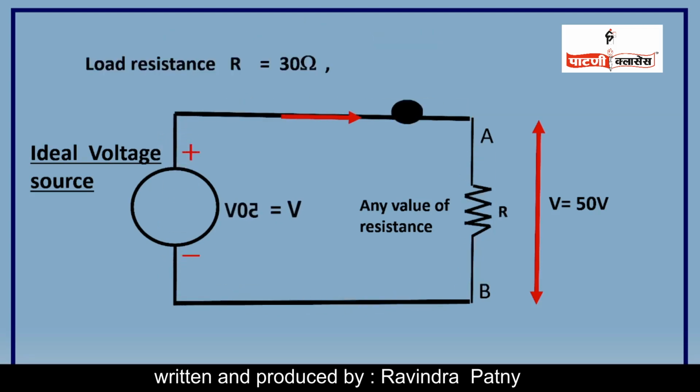Thus, for the load resistance of 30 ohms, 40 ohms and 60 ohms, the current flowing through the circuit is changing, but the terminal voltage of the given device or source is not changing. In such case, the given device is called an ideal voltage source.